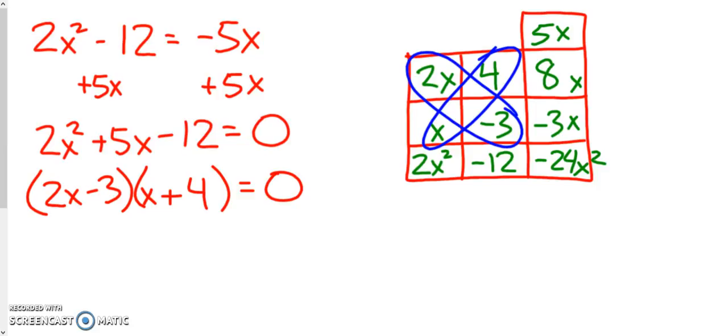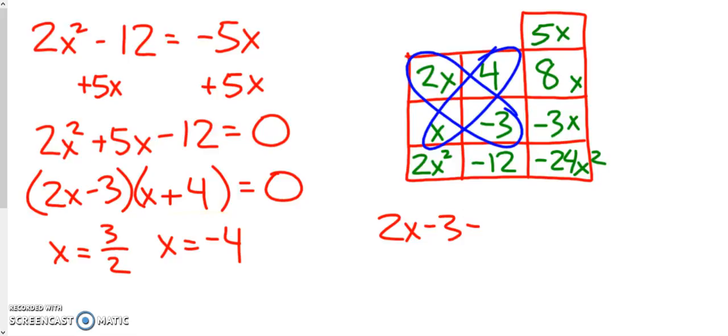The shortcut is to change the sign on the negative 3 and divide by the 2, giving x equals 3/2. If I change the sign on the 4, I get x equals negative 4. Again, worst case, you say 2x minus 3 equals 0, add 3 to both sides, 2x equals 3, divide by 2, and you get 3/2.